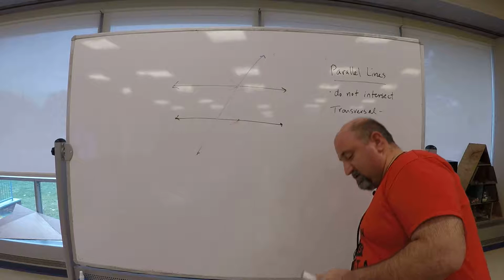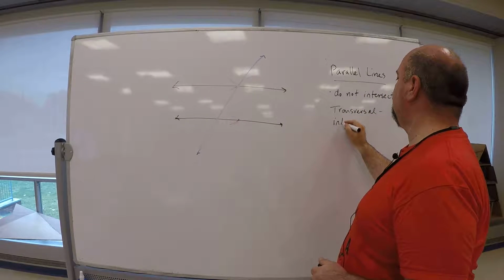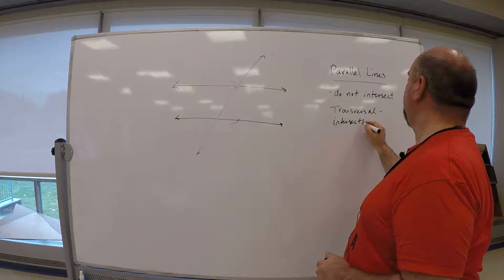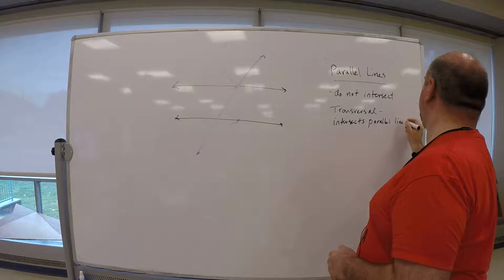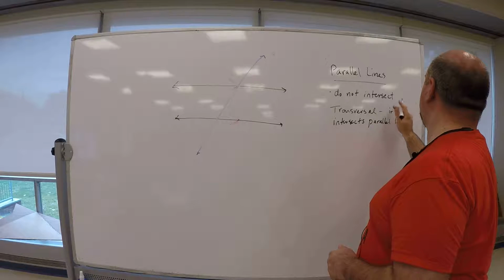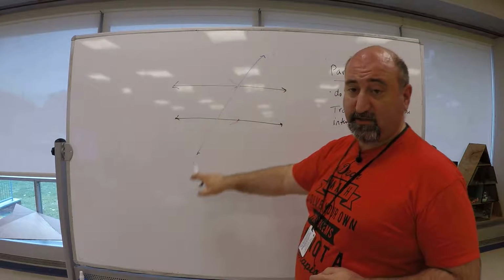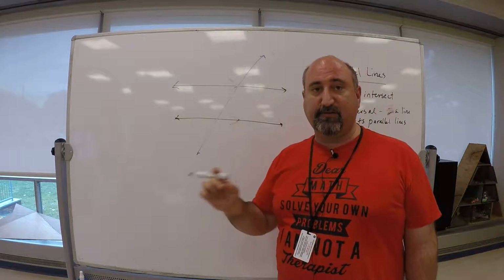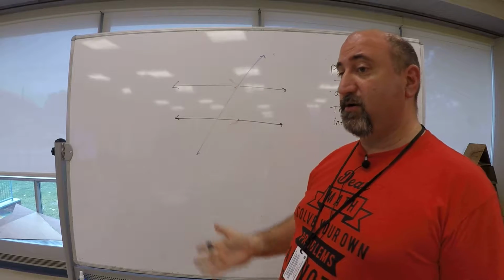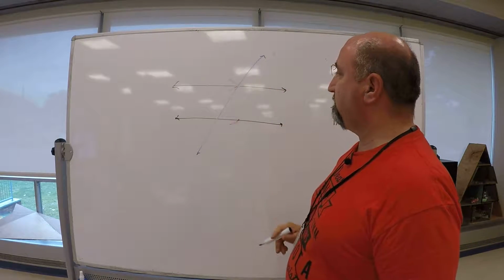A transversal is a line that intersects parallel lines. So we can see that it crosses through the lines. Transversal, that language specifically refers to cutting across, going across. So this is the transversal.